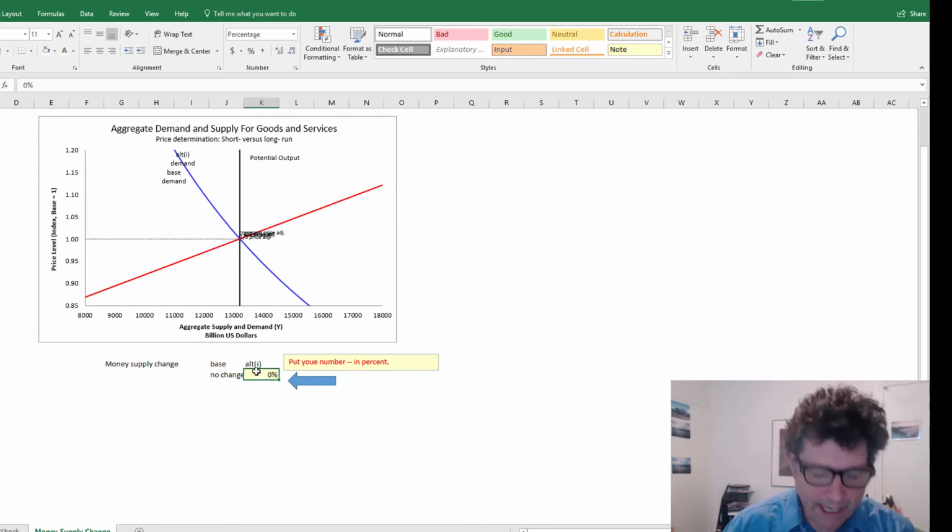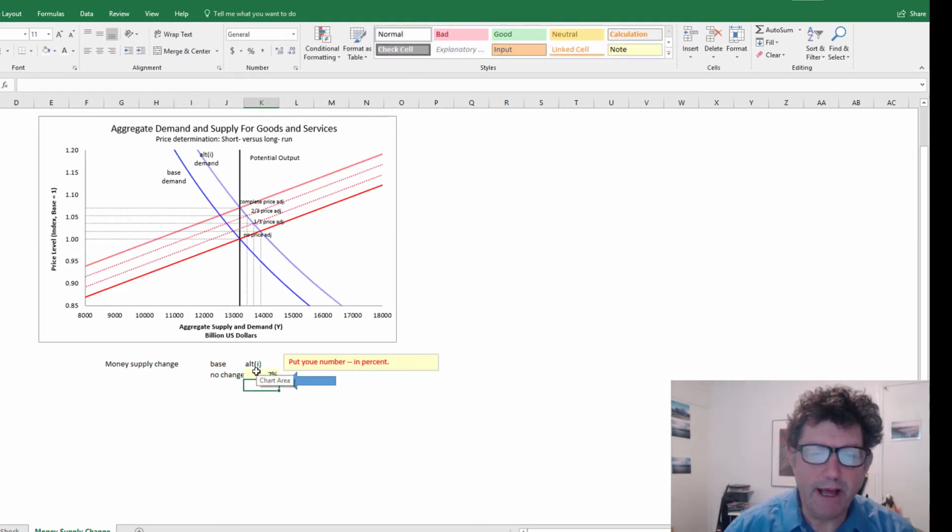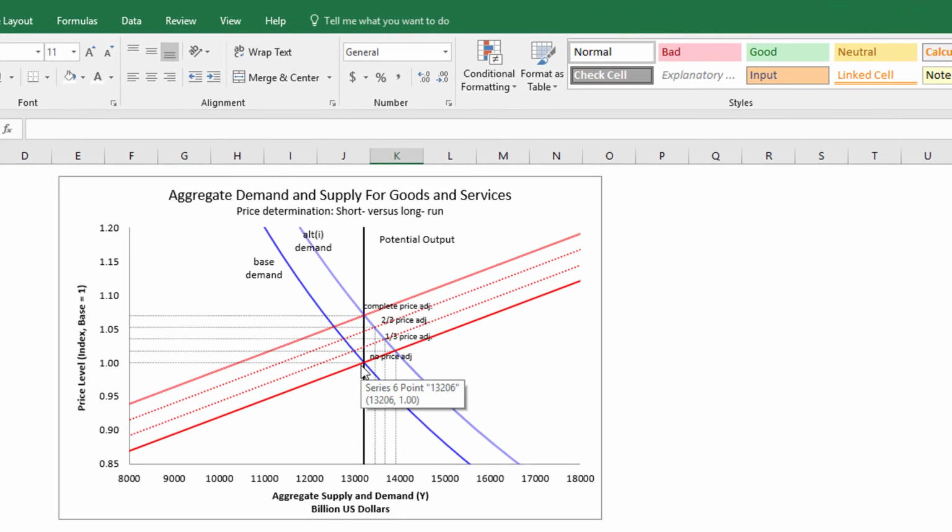So let's do a nice shock here. Let's think of, say, a 7% increase in the money supply. You can see exactly what happens: in the very shortest of runs, before people realize that there has been a money supply increase, this is what we call the misperceptions approach, even before that happens, some costs will increase, and some of those costs are passed on to consumers in the form of higher prices, or to purchasers in general.